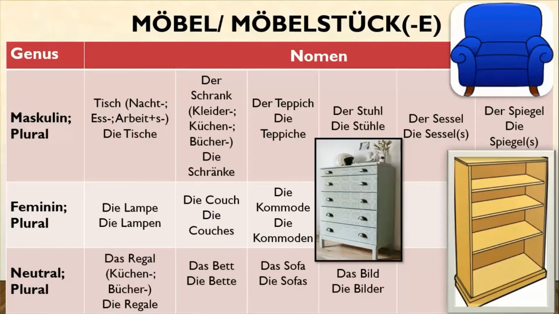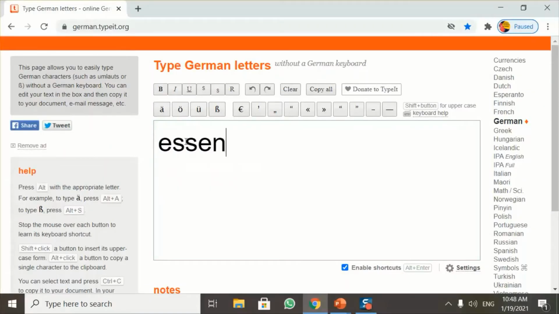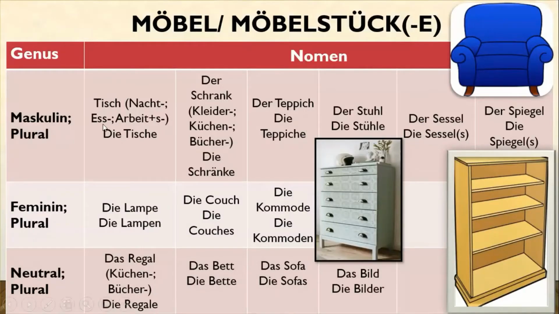We also have der Esstisch, and this prefix comes from the German verb essen, which means to eat. So der Esstisch is the dining table. Then we have der Arbeitstisch.